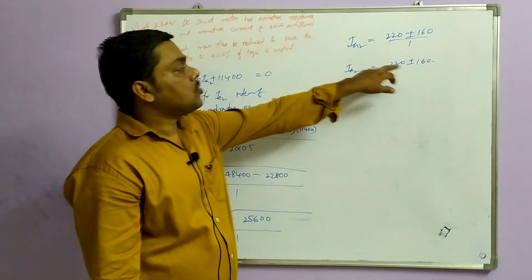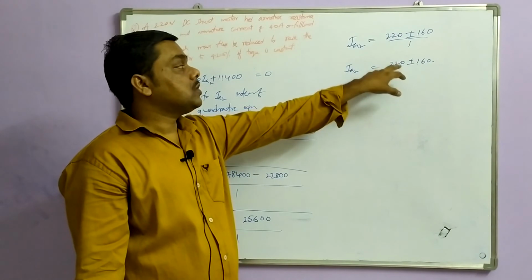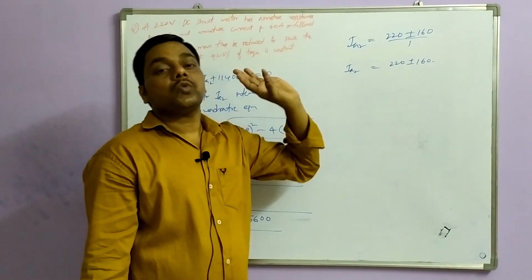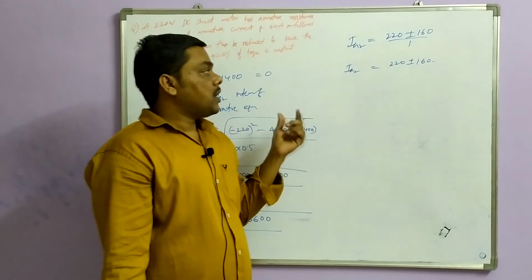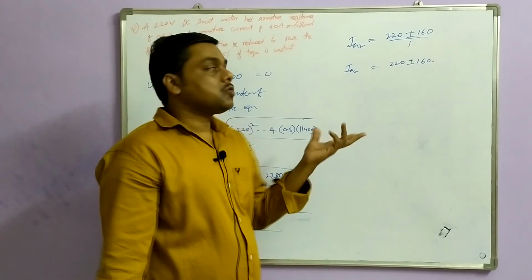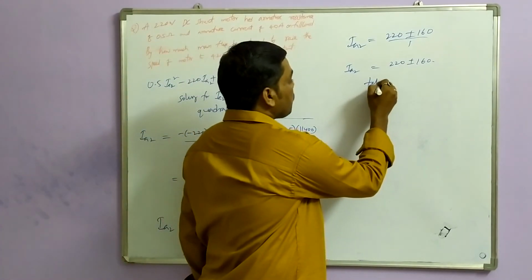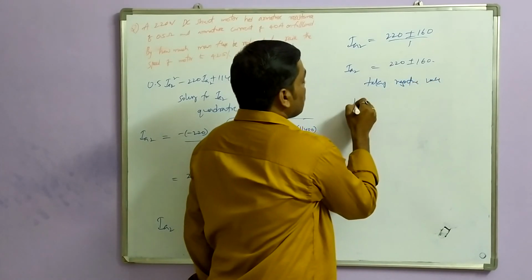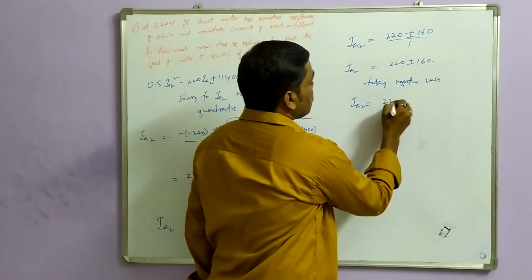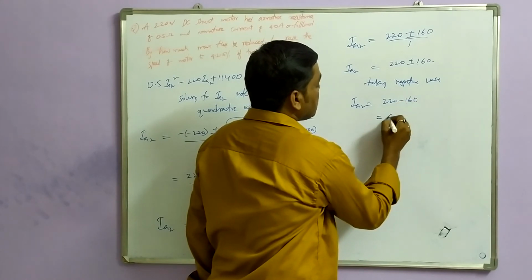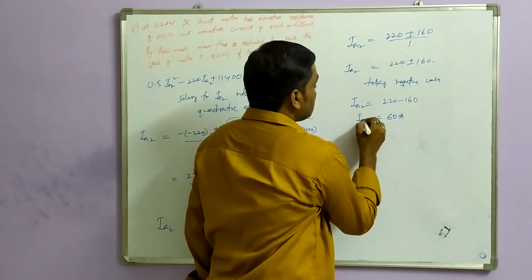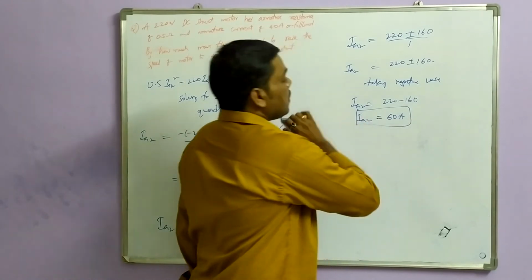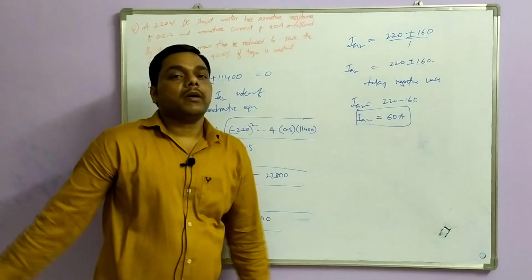If you take the positive sign, it will be a very high value, nearly 380 amps. In this particular case that may not be possible, so taking the negative value, Ia2 is equal to 220 minus 160, which is 60 amperes. Now Ia2 is equal to 60 amperes.